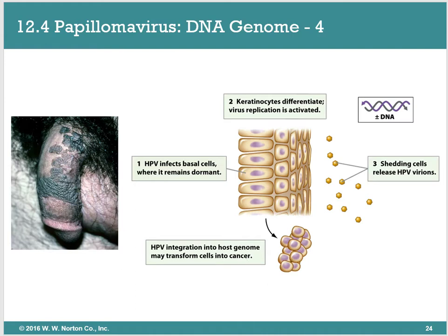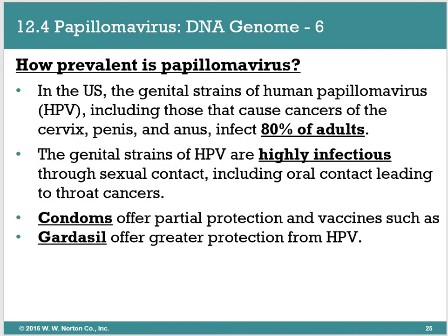Human papillomavirus is specifically a double-stranded DNA virus. It is very, very prevalent in our society. It is super contagious, very, very infectious. It's primarily spread through sexual contact, whether it be oral or anal or vaginal.